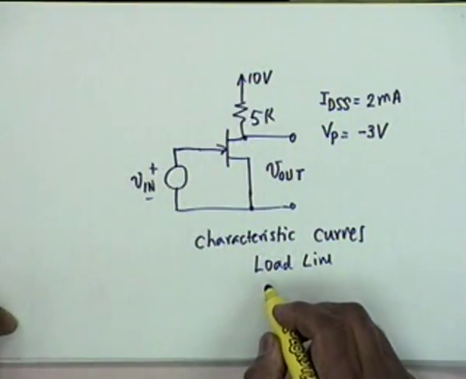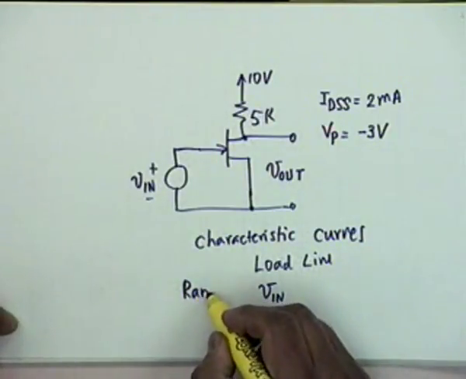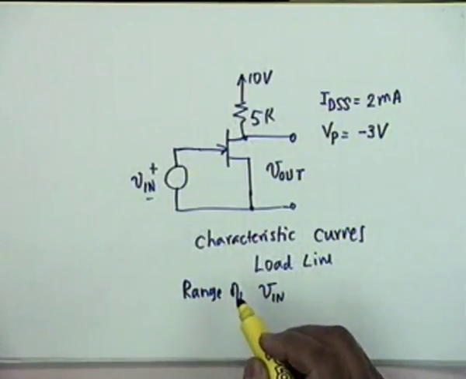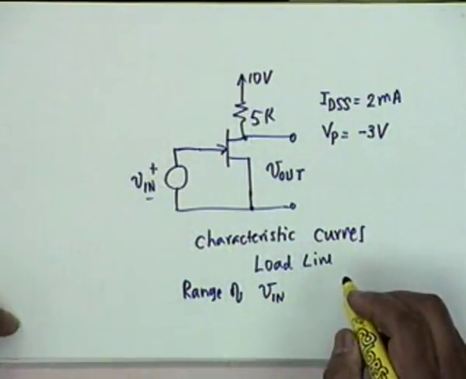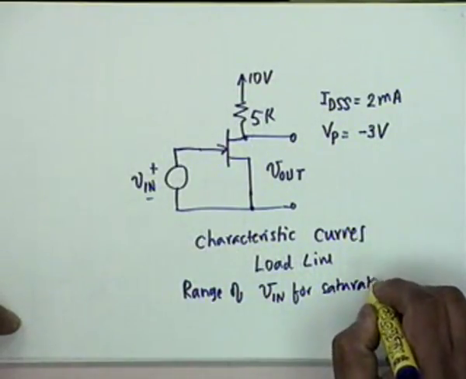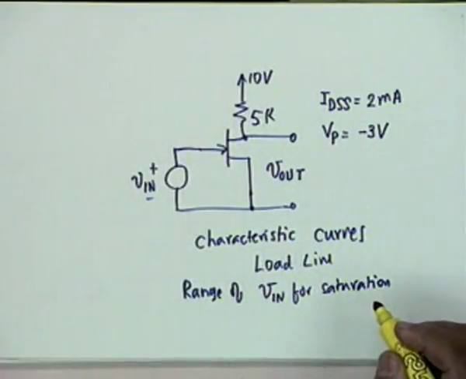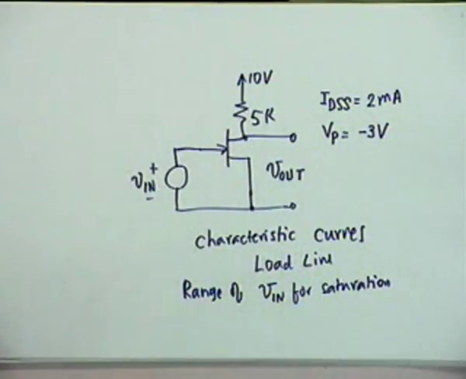Then you are required to find out the range of V in required to obtain operation in the saturation region. This is the question. This is the circuit, IDSS and VP are given.